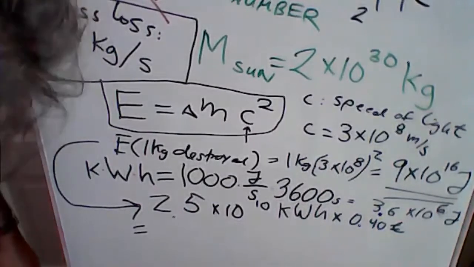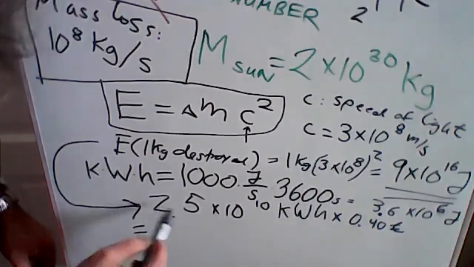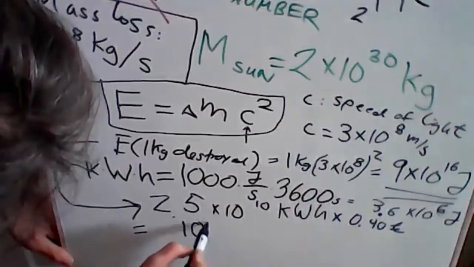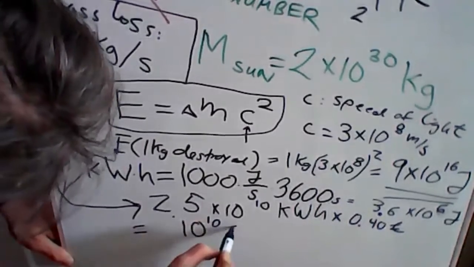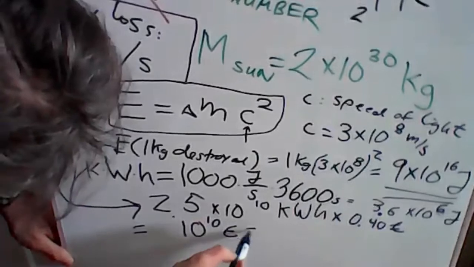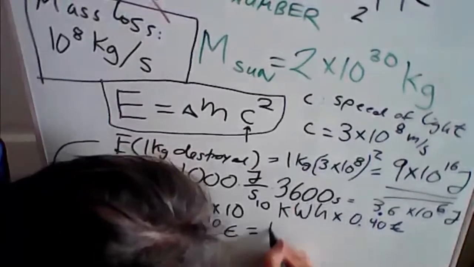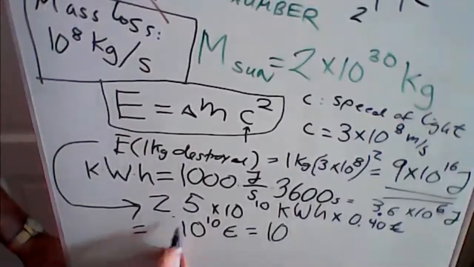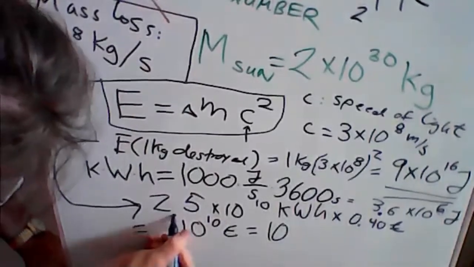Just one. Why is it just one? 0.4 times 2.5 is 1. Oh wait, yeah, never mind.